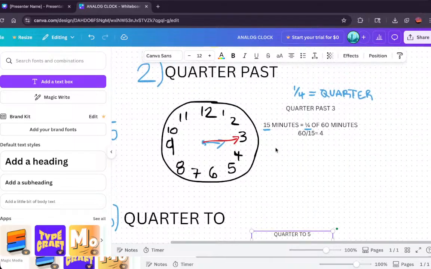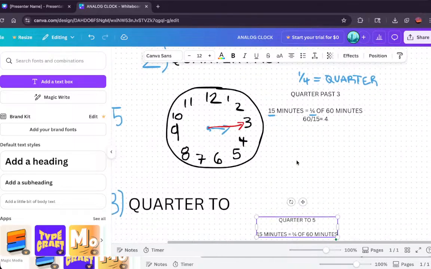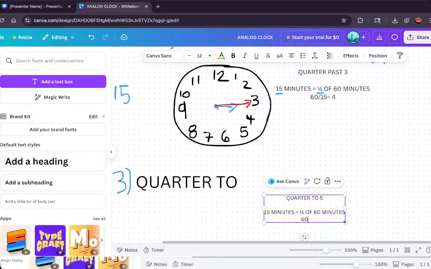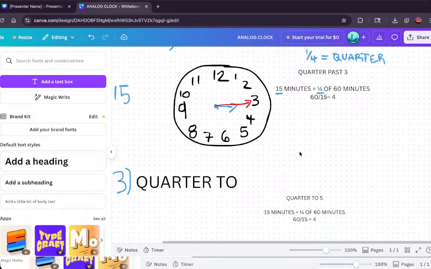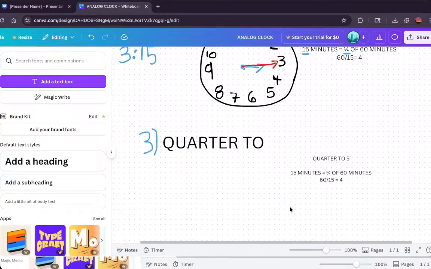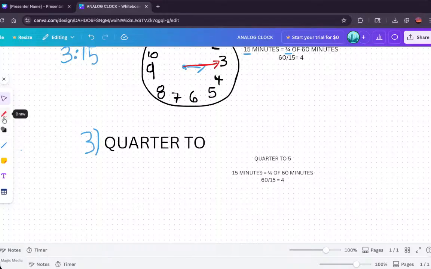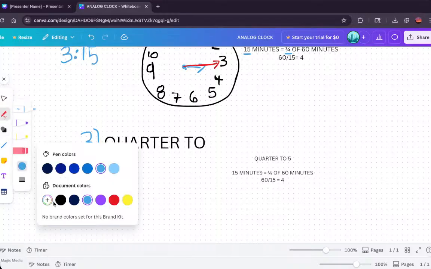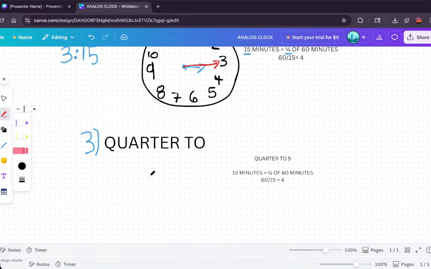And 1/4 means a quarter. And we know 60 divided by 15 equals 4. Okay, we have to memorize this. We have to really understand this. Great. So now let's draw the clock.